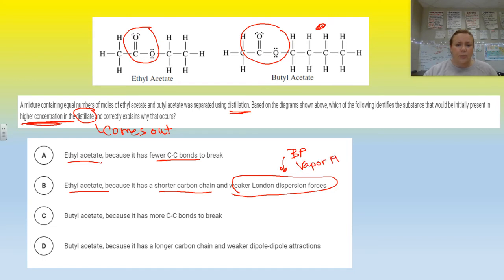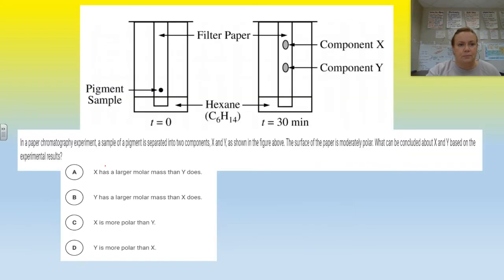Anytime we want to bring up boiling point and vapor pressure to describe why the distillate comes out, that's what we want to go with. Anytime we talk about how things are separated, the more we can describe with intermolecular forces, the better. So that answer would be B.